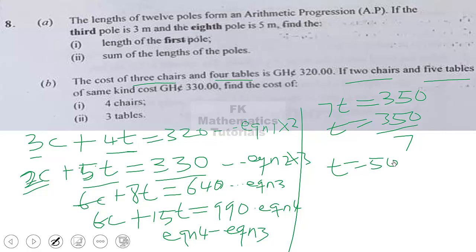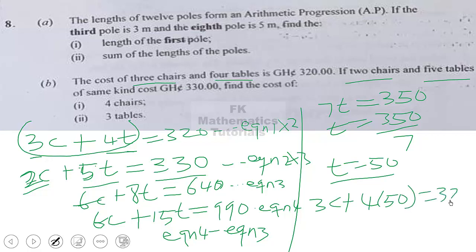So I'm putting t equal to 50 into this: 3c plus 4 times 50 is equal to 320. So 3c will be equal to 320 minus 200, which is 120. So c will be equal to 40.